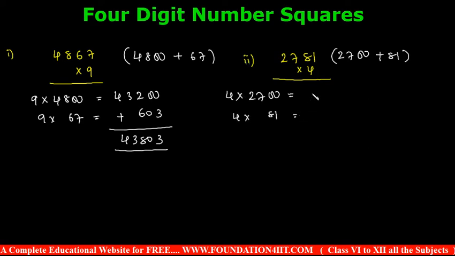Then we add both. 27 into 4 is 108, with two zeros, plus 81 into 4 is 324. Adding, we get 11,124.